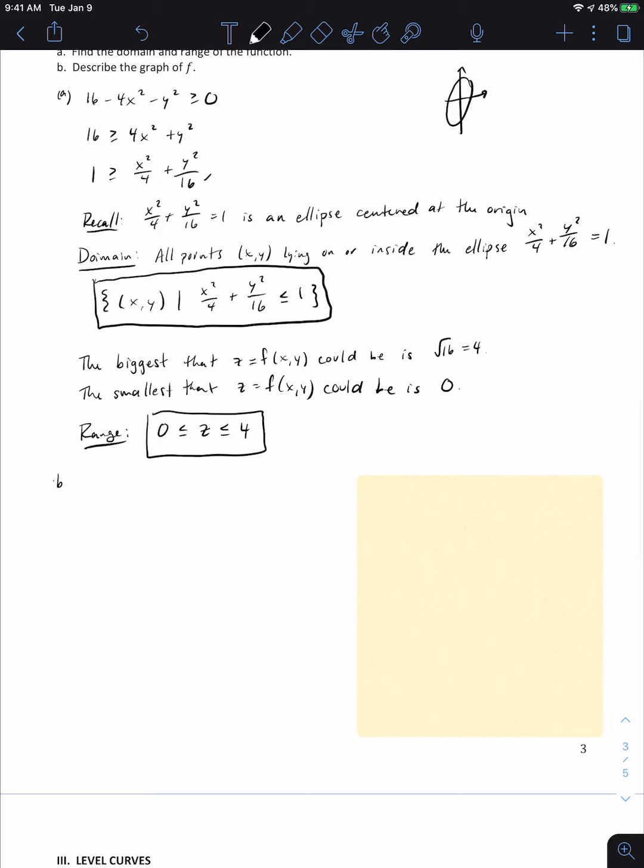So now B, we want to describe what the graph looks like, right?